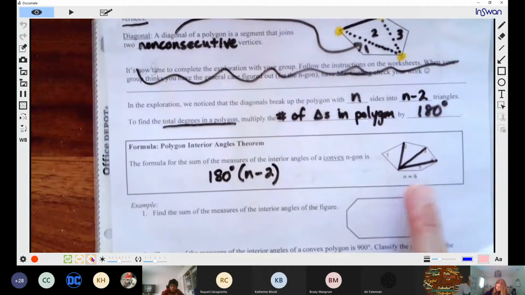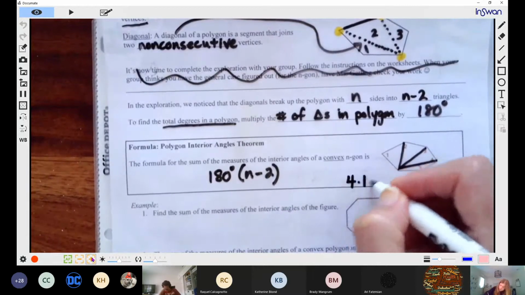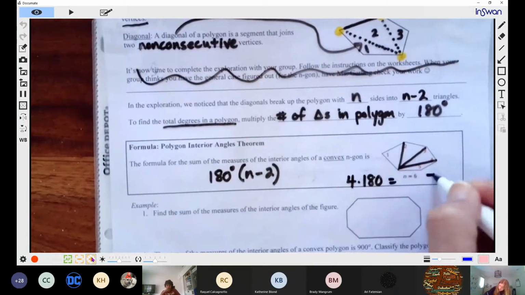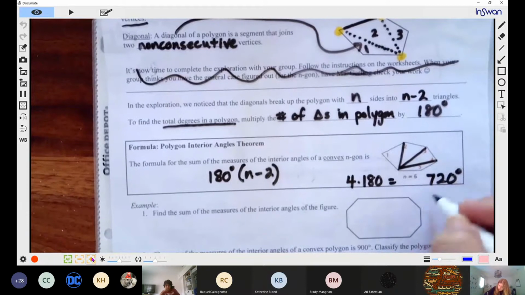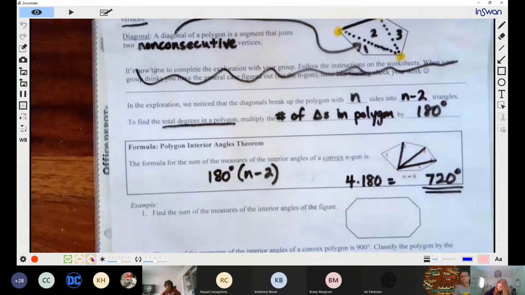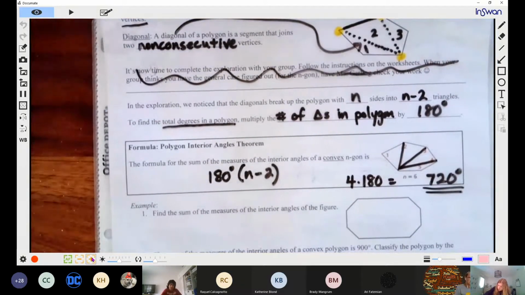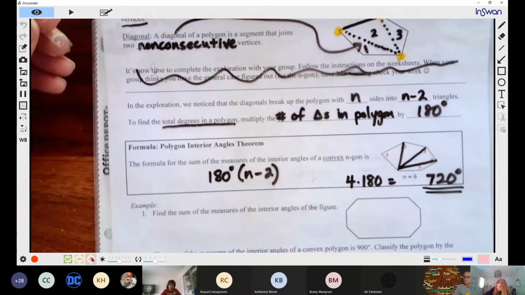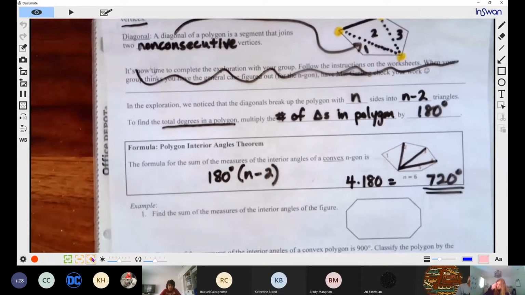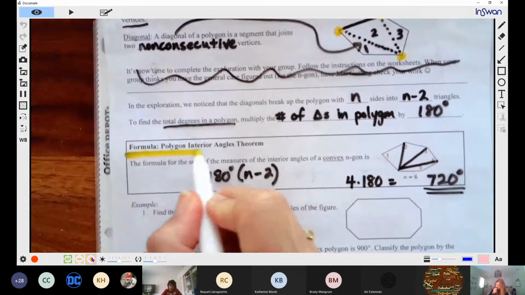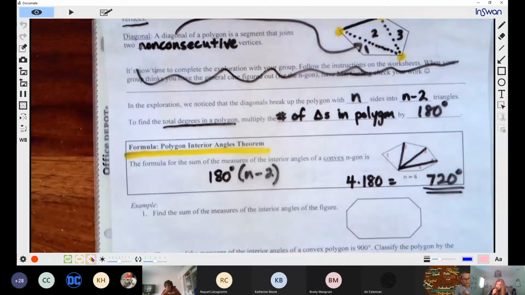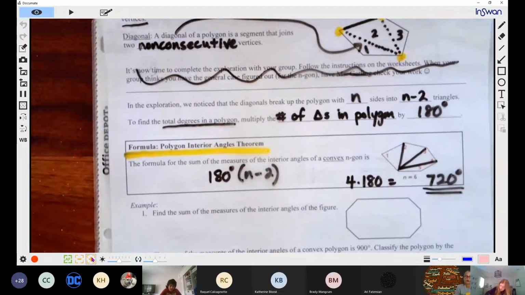So in this case, it would be 4 times 180, which is 720 degrees total for a hexagon. So that is the formula. That's why there are so many problems, because you just have to do this a bunch of times and figure it out. Okay, any questions yet? All right.